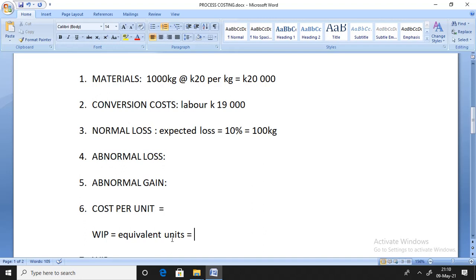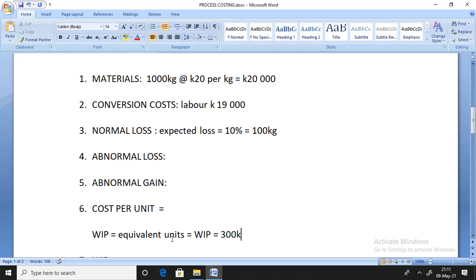For example, if we have work in progress of say 300 units or 300 kg in this example, and levels of completion will be given.